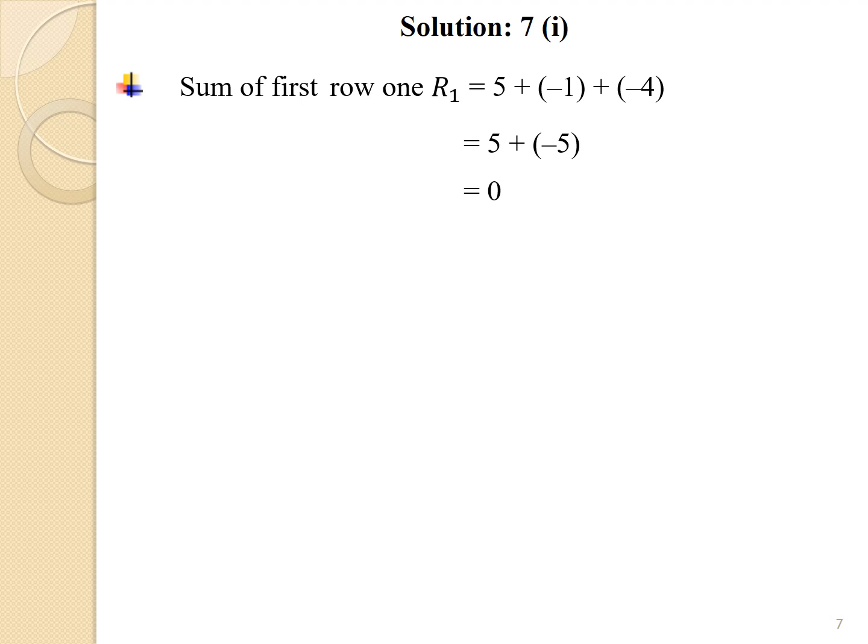Now, let us find the sum of second row and add all the integers given in second row, as the word sum is given to us. Thus, sum of second row equals -5 plus -2 plus 7.